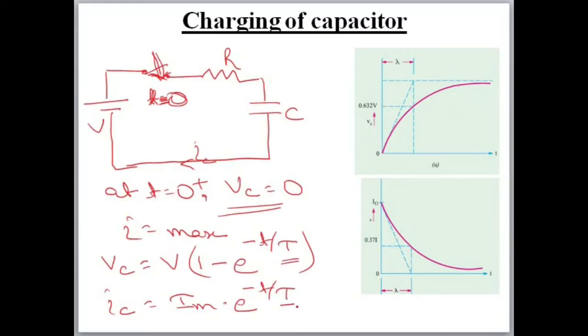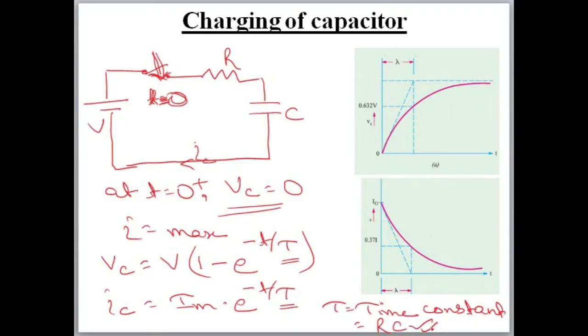In both the equations T has come. So T is called the time constant. In case of a capacitance circuit, T is equal to RC.